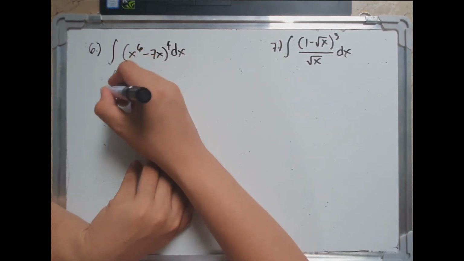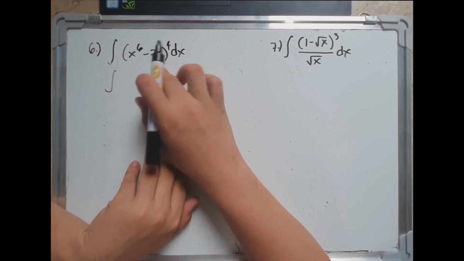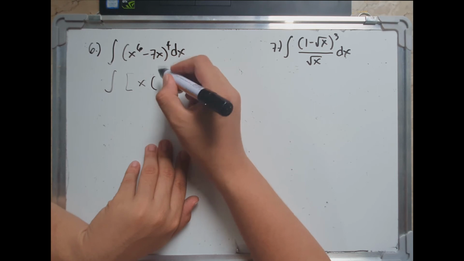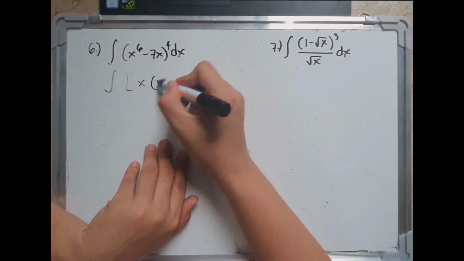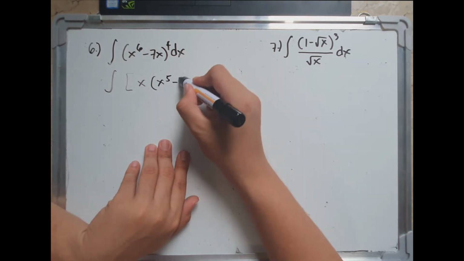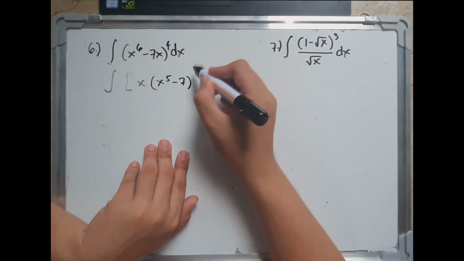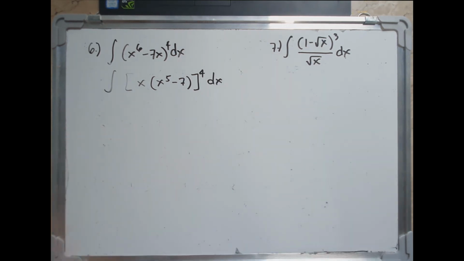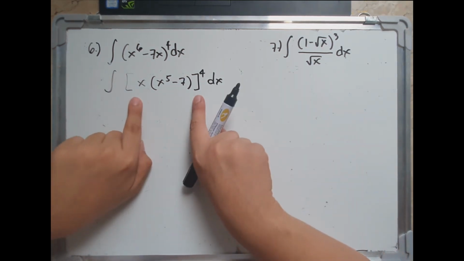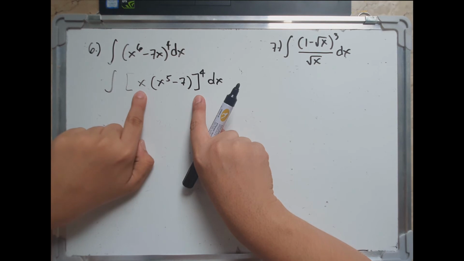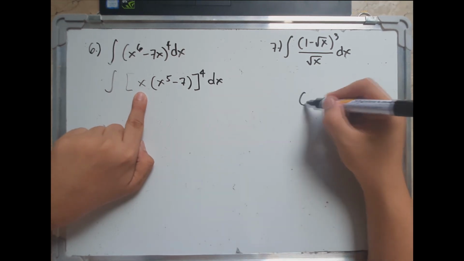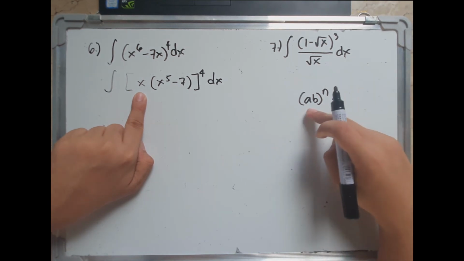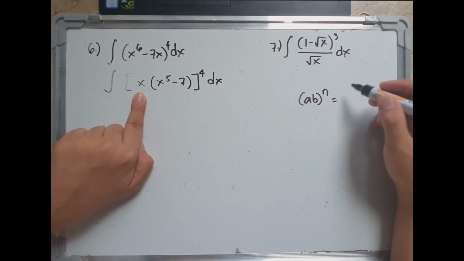So this will be the integral, factoring out x from both of the terms. Let's have x, and what's left is x to the 5th minus 7, and everything is raised to the power of 4 dx. Now notice in algebra, if we have ab raised to the power of n, this will be distributed to both a and b.